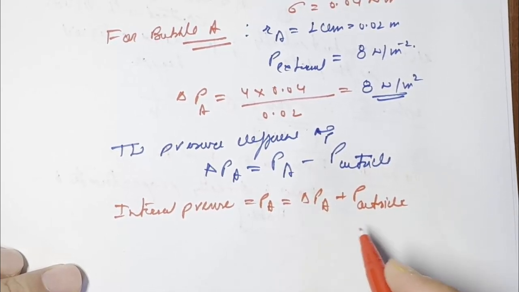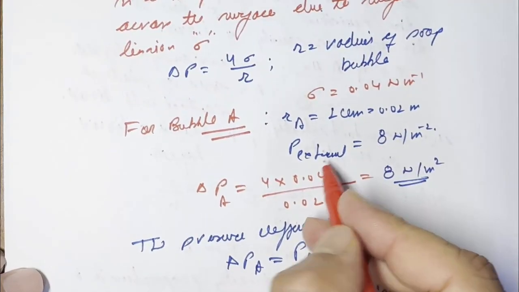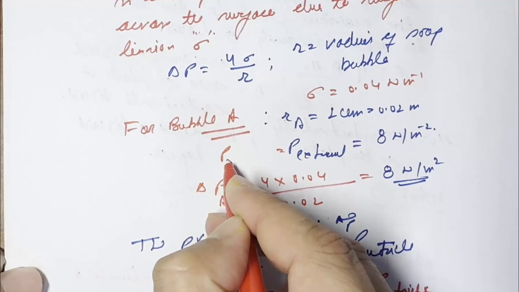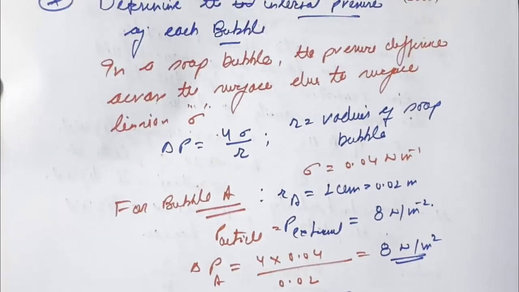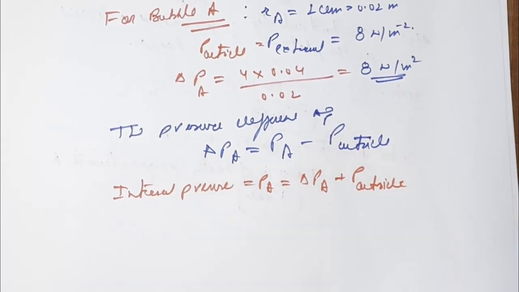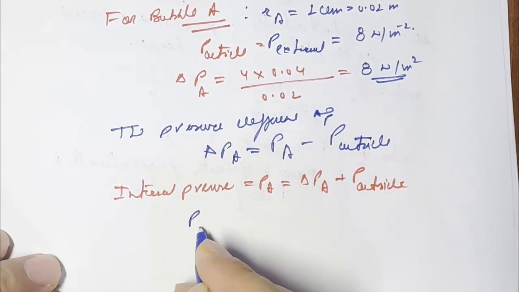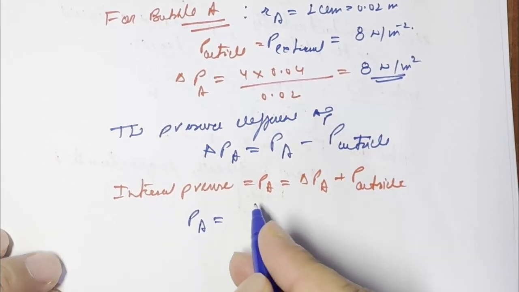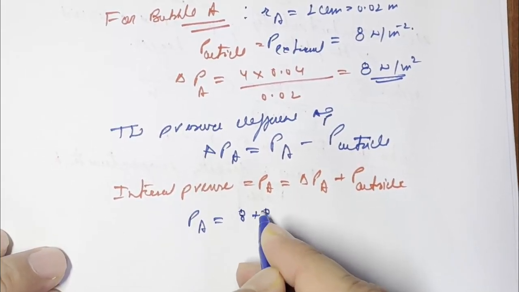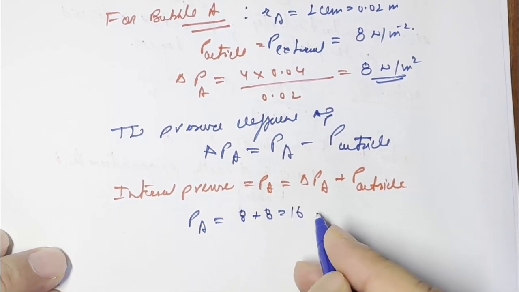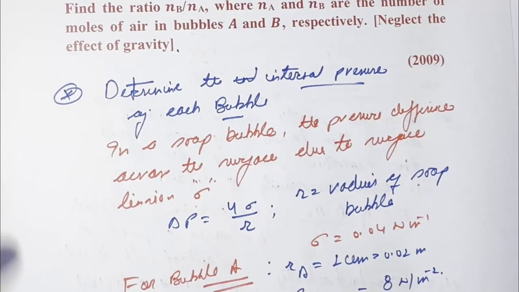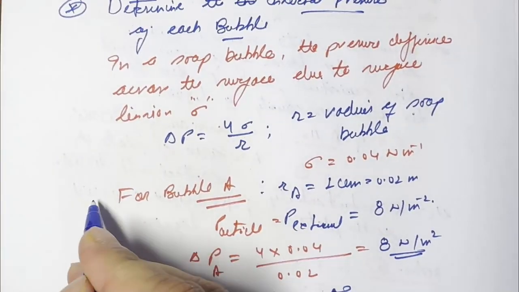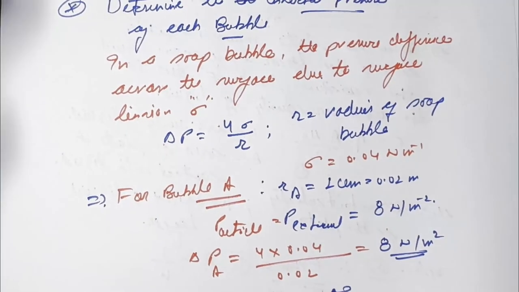Here I have written P external, let me write it P outside. P outside and P external are the same. We substitute the values, we get internal pressure PA equal to 8 plus 8, that equals 16 Newton per meter square.